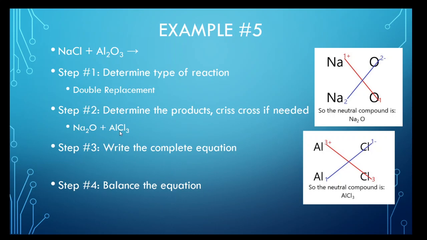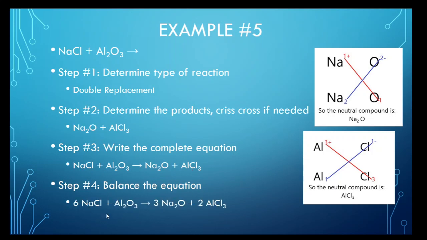Na2O plus AlCl3. Okay. Then you go ahead and you write the complete equation. So you write your reactants, which are up at top here, sodium chloride plus aluminum oxide, yields sodium oxide plus aluminum chloride. And then you will balance the equation, and you need 6, 1, 3, 2 to balance the equation.